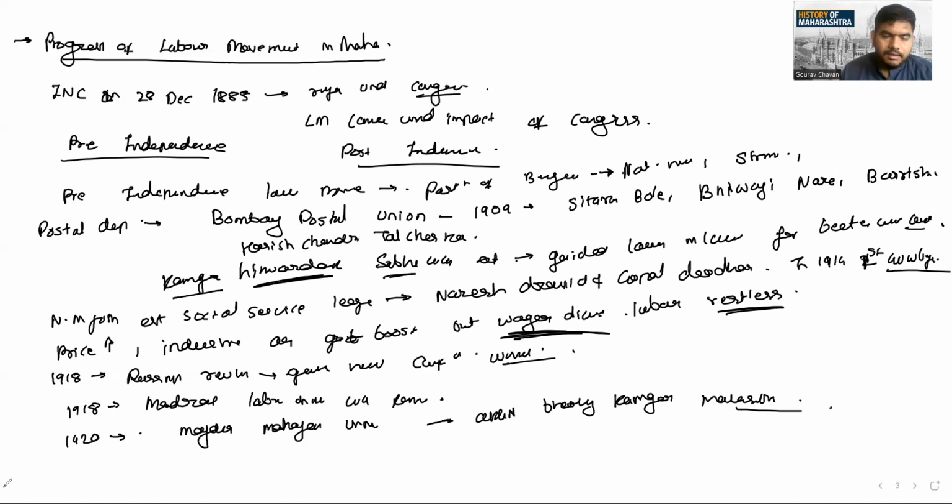Also, a person named L.N. Hardas formed a union called Vidarbha Kamgar Sangh in 1931 in Nagpur.